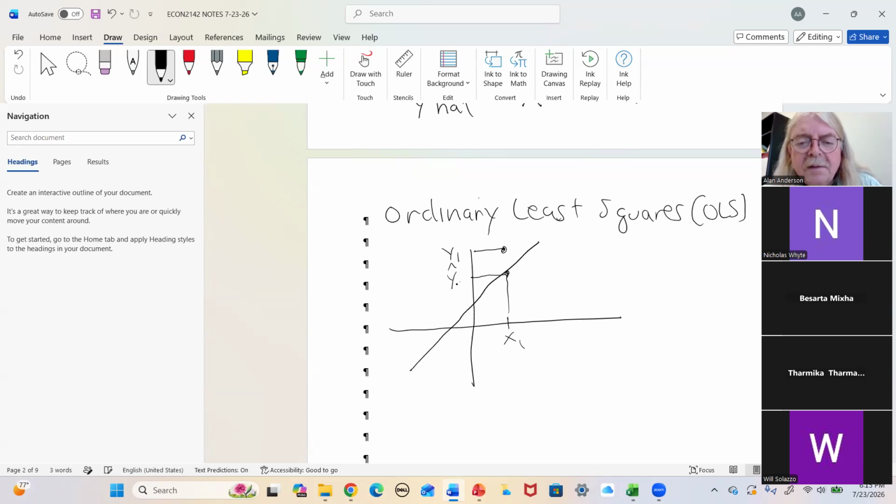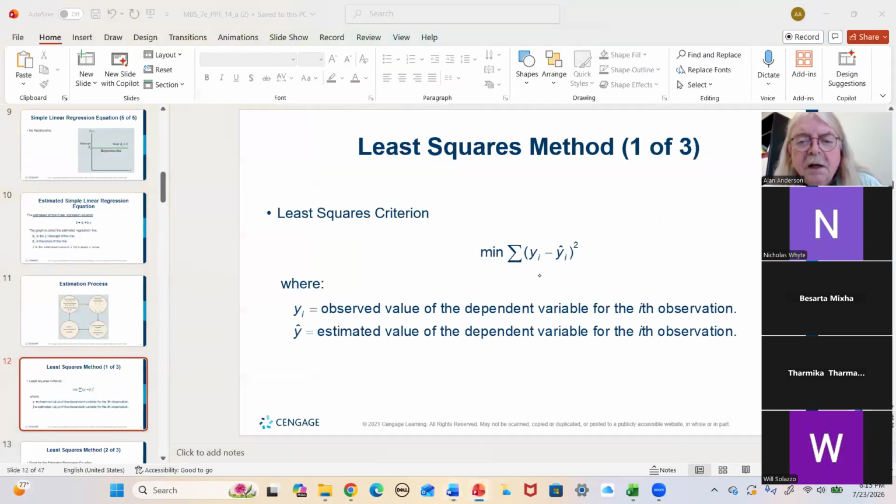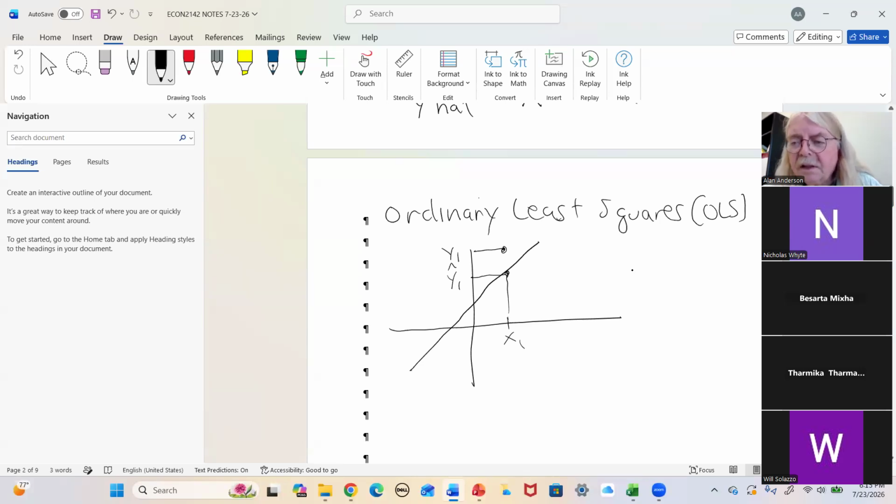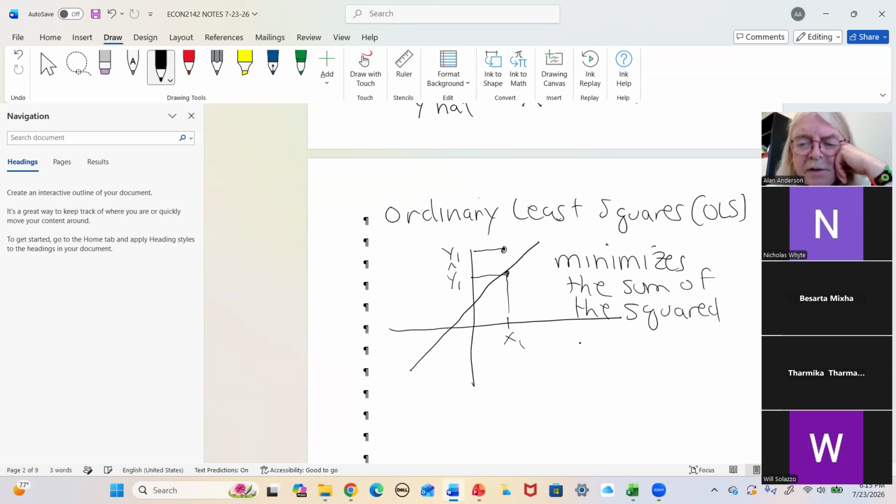This will be labeled Y hat 1. The goal of the OLS is to choose the line that minimizes the sum of the squared differences between Y1, or just any Y, we'll call it Yi, and Yi hat.